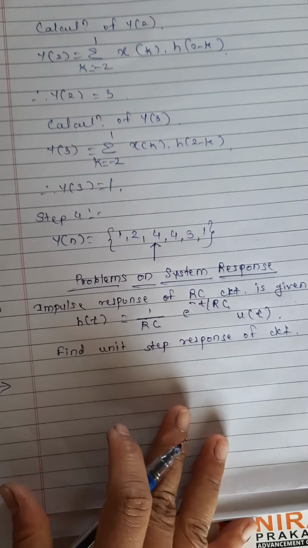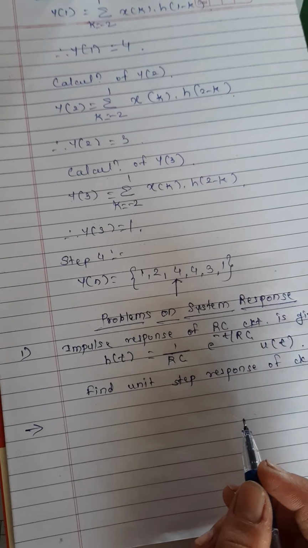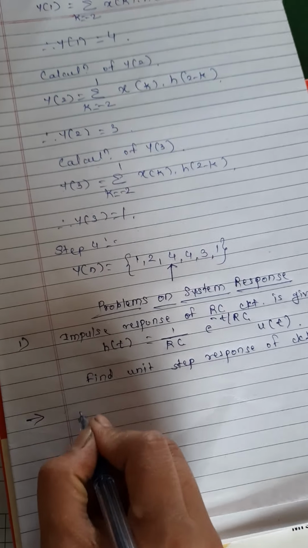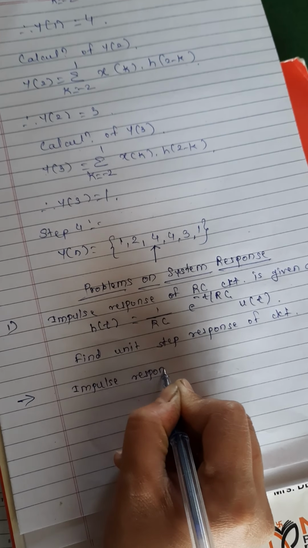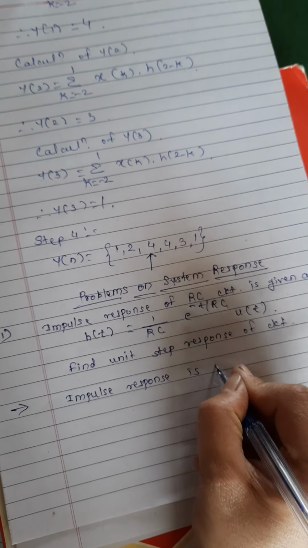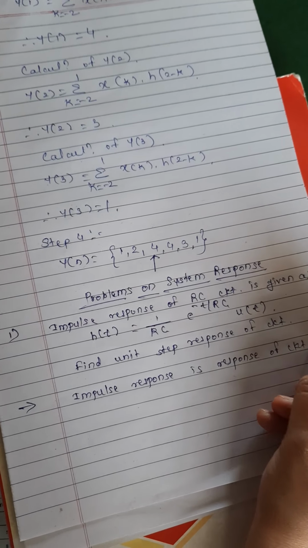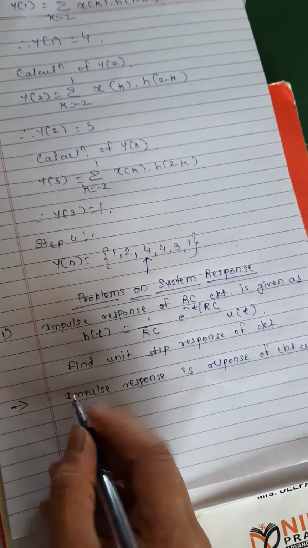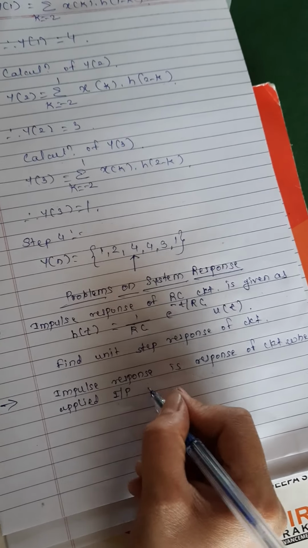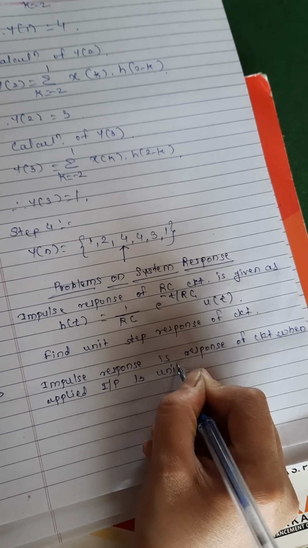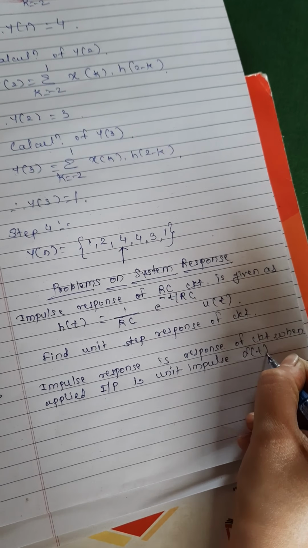So solution for this. Impulse response is the response of the circuit when the applied input is unit impulse, that is delta of t.